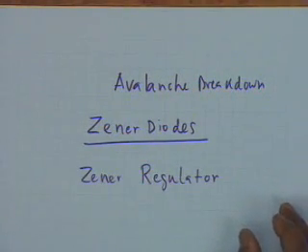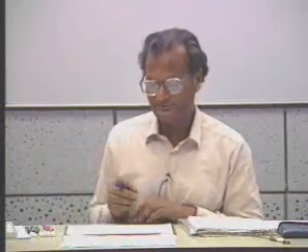We shall look into the Zener regulator in a moment, but let us systematically proceed to find the electrical circuit equivalence of the normal diode and the Zener diode. Then we shall see how it is applied.